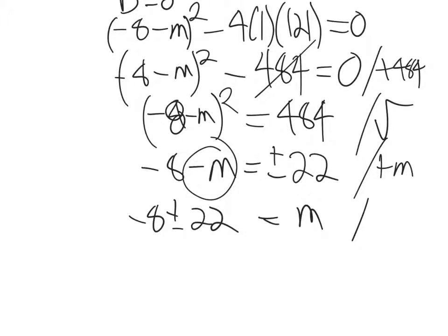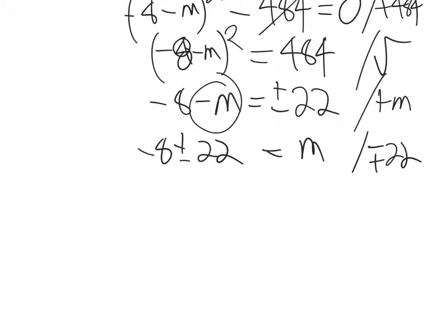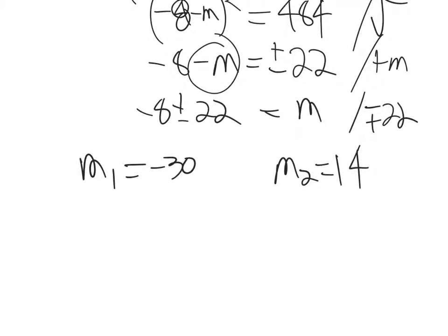The opposite of plus and minus 22 is minus and plus 22, which is the exact same thing, right? So now what are my two values? Well, the m value to the left will be negative 8 minus 22, negative 30. The m value to the right will be m2, and that will be negative 8 plus 22, which is 14. Those are our two slopes.